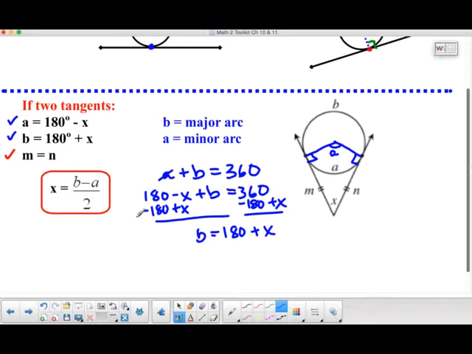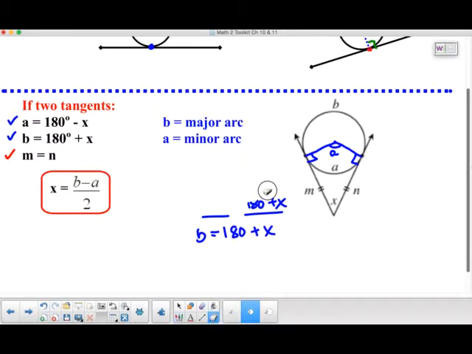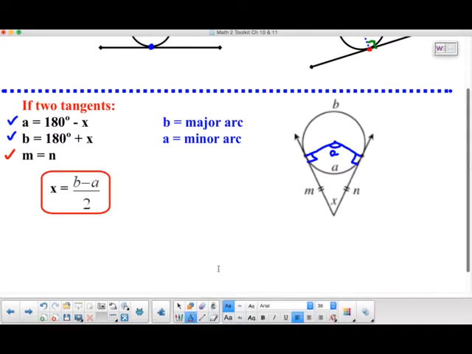Then finally, we can also decipher that x is always going to be the major arc minus the minor arc, whatever that difference is, and then divide by 2. So going back to numbers here, I can really call this whatever I feel like, but let's say I said this is 50 degrees.